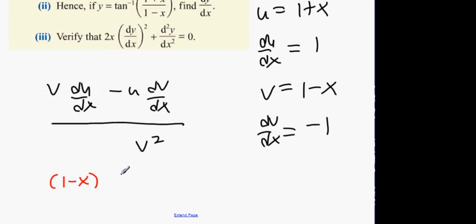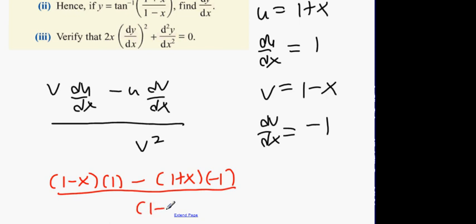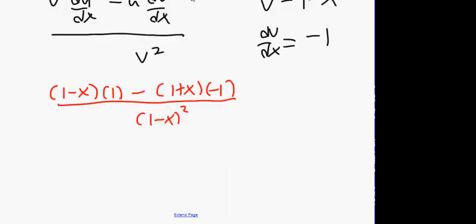1 minus x, 1 plus x. Sorry, no, that's wrong. The du/dx is 1. So excuse me, 1 minus x multiplied by 1, minus u, 1 plus x, multiplied by the dv/dx, which is minus 1, all over 1 minus x squared. Now look what happens here.